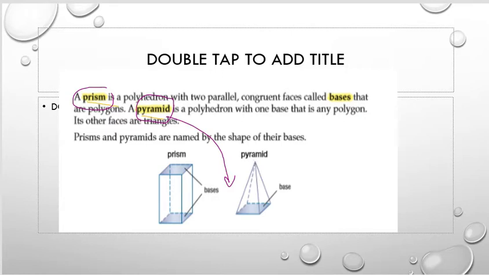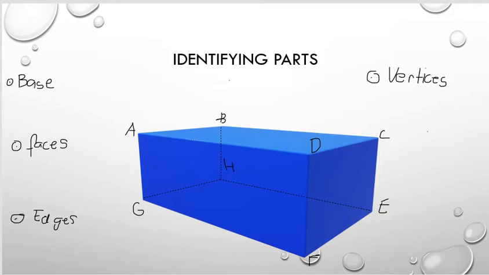Let us now discuss how to identify parts. We have here a certain solid. It's a rectangular prism. I will be giving you some examples of its base, faces, edges, and vertices. Let's start with base. When we talk about the base, you're talking about this part, the top and the bottom part of your figure.